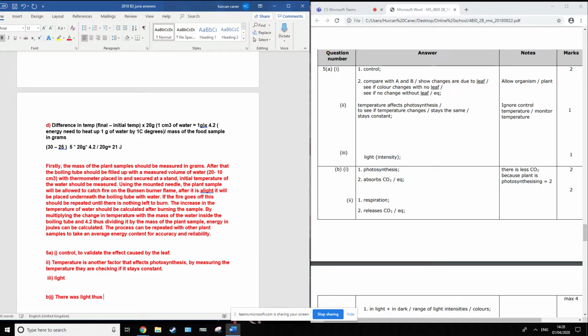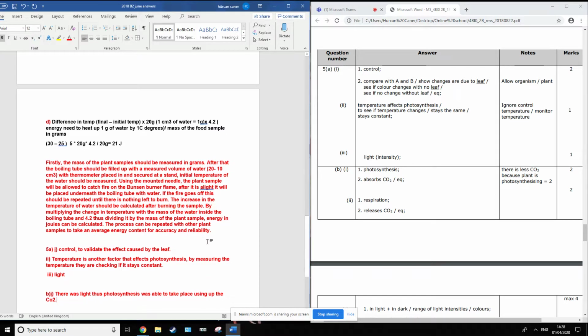Thus photosynthesis was able to take place, using up the CO2. That's it. Or you can say there is less CO2 because the plant is photosynthesizing. The leaf is photosynthesizing.